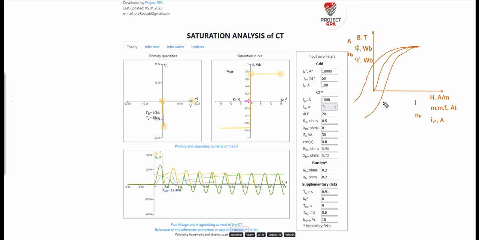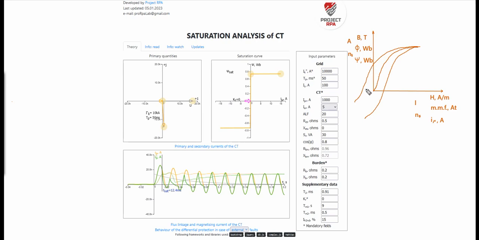For example, on the x-axis, magnetomotive force mmF in ampere turns, or the magnetizing current IME in ampere. On the y-axis, on the other hand, the flux phi in Weber and the flux linkage Psi also in Weber can be placed instead of the induction.